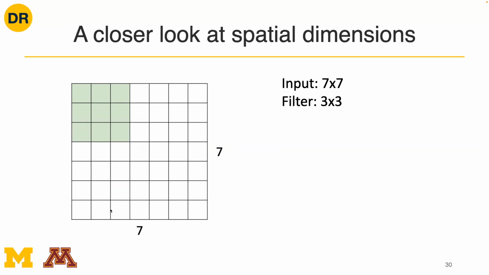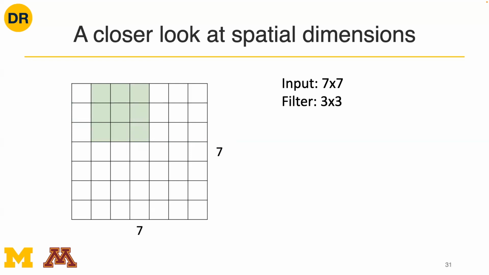If we have chosen our filter size for one of these convolution layers to be 3x3, we could visualize what this sliding window is going to do. Within this green 3x3 window, that's representing one of the dot products we're going to perform during this convolution. We take our 3x3 filter, overlap it with the first spatial position in the upper left corner of the image, take a dot product and get out one number. Then we slide our filter over one spatial position in the width direction.